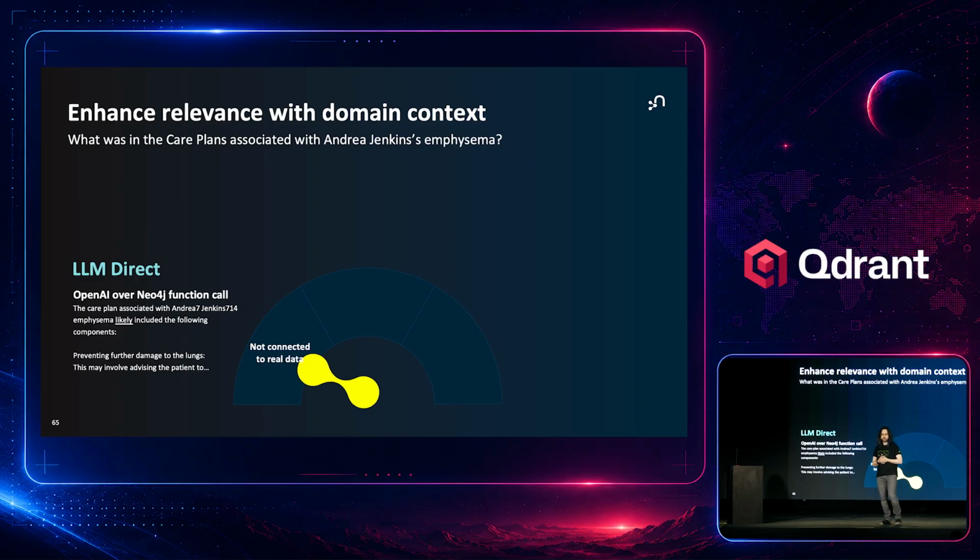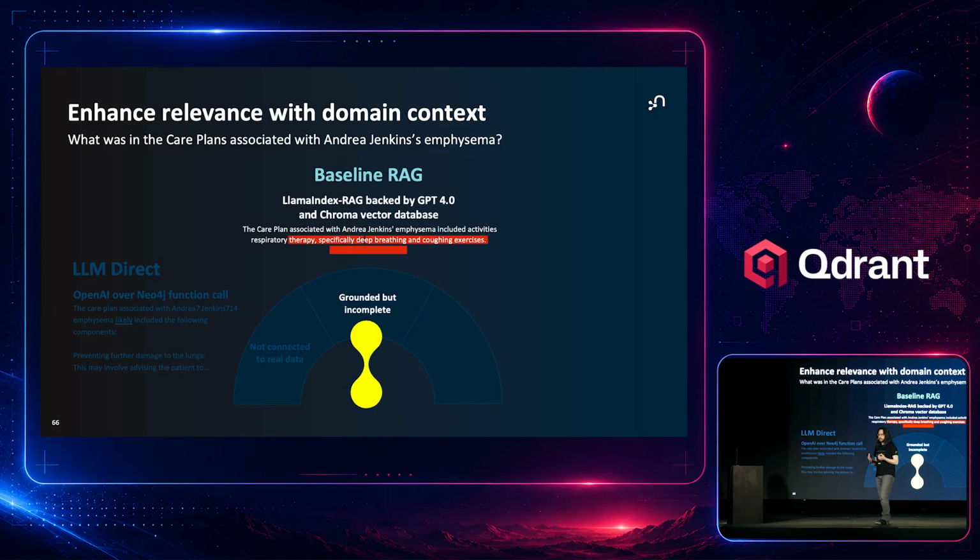What was the care plan associated with Andrea Senkin's emphysema? And you have the spectrum here where we can ask the LLM directly and try to get an answer. Even with no information about the patients, no context on it, it will always confidently answer. LLMs will never tell you they don't know. They just confidently answer with information that it does know about, which is emphysema.